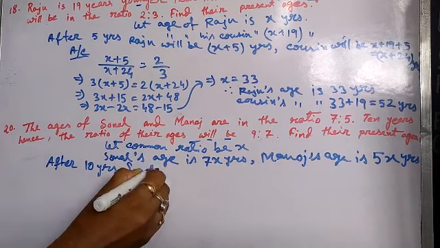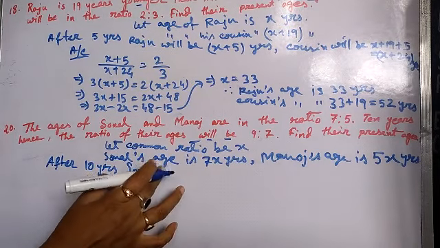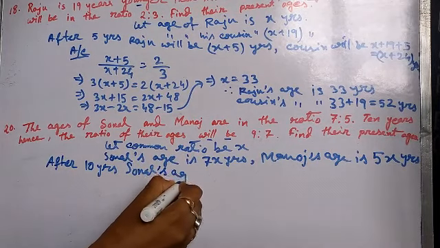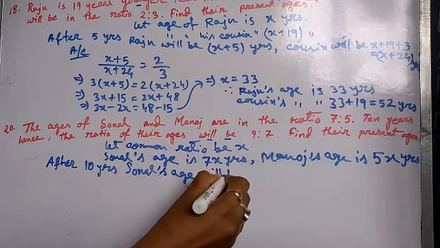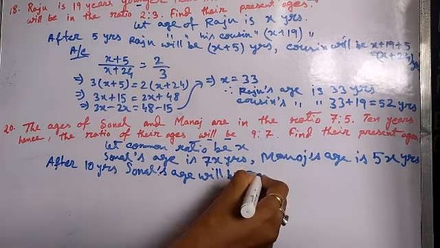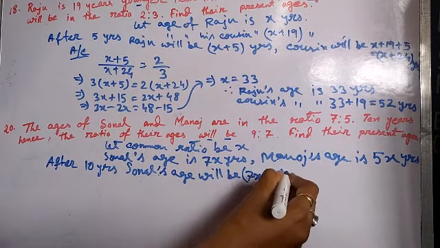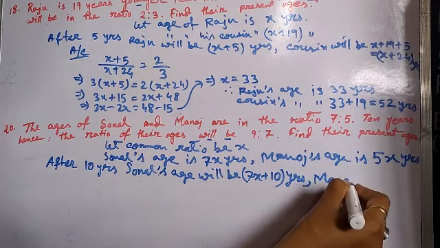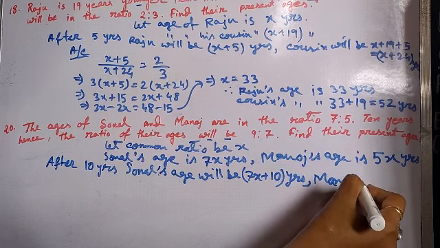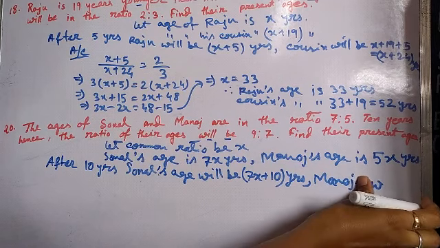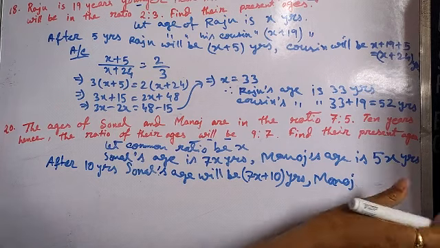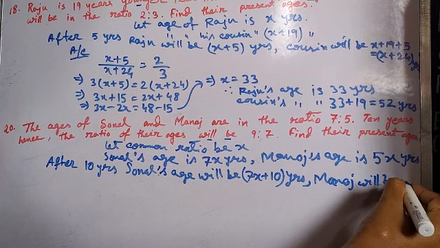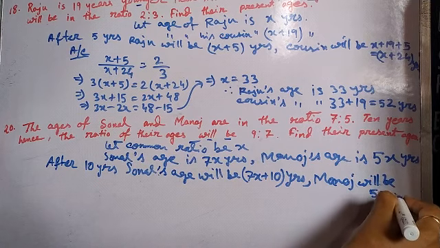Sonal's age will be 7x plus 10 years, and Manoj will be 5x plus 10 years.